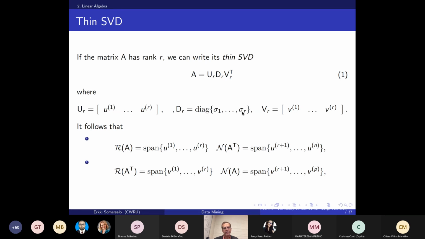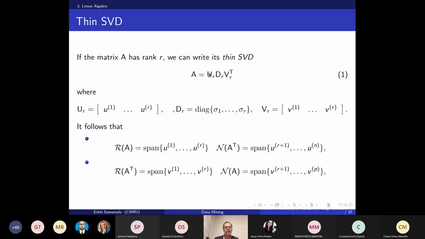So this is the first thing. Then take your matrix U and throw away all the columns that correspond to zero singular values. Take your matrix V and throw away all the columns that correspond to zero singular values. And if you do that, you can write your A as a product U_r, D_r, V_r transpose.